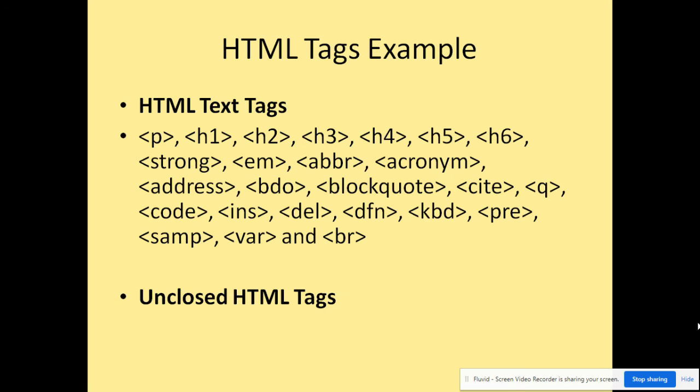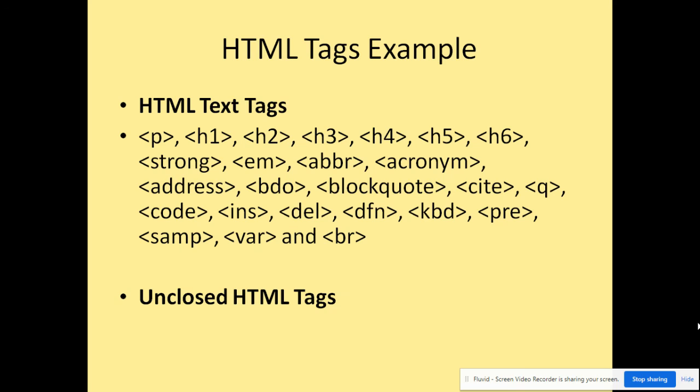Now unclosed tags. Take the p tag as an example. Whenever you write the p tag, you write some content and you must close that tag. The same applies whenever you work with the h1, h2, h3, h4, h5 and h6 tags, which are the heading tags. The numbers 1 to 6 define the size of a heading; later on I will explain it.